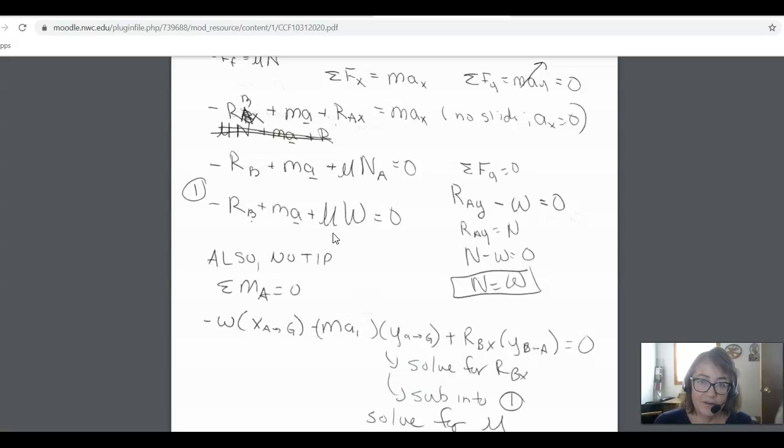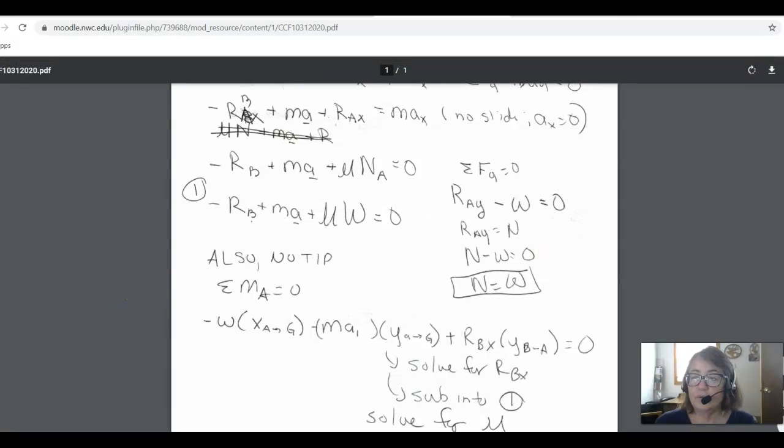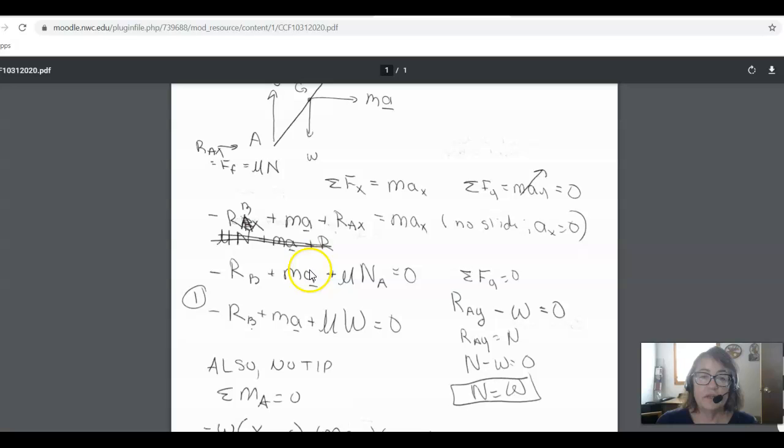In other words, the coefficient of friction that's required for this panel not to tip and not to slide. And then you'll have all of your answers. You'll also have your reactions. In other words, when it asks for the reactions at A and B, you've got the reaction at B. You can then find the reaction at A in the x direction because it's mu times NA, so you can find it from this equation.